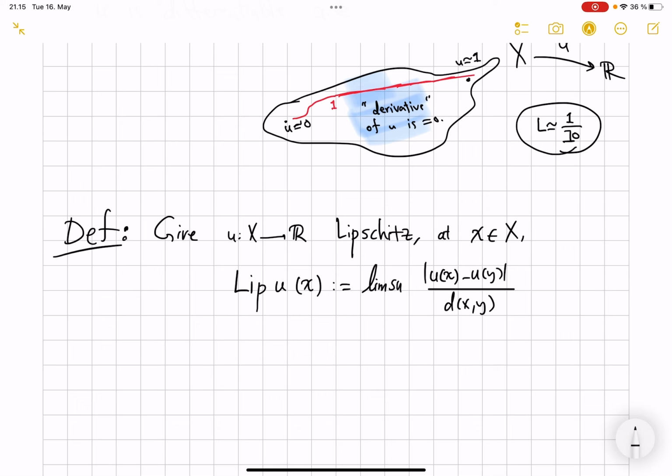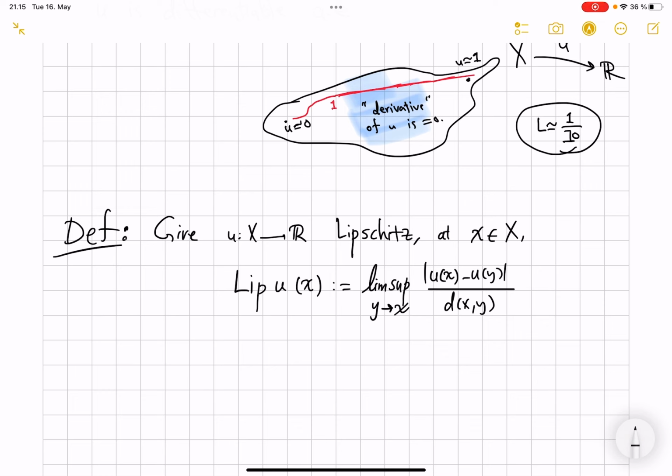And because you don't know if this limit exists, you have to take lim sup as y approaches x, which means y is not equal to x, so that this fraction is well defined.